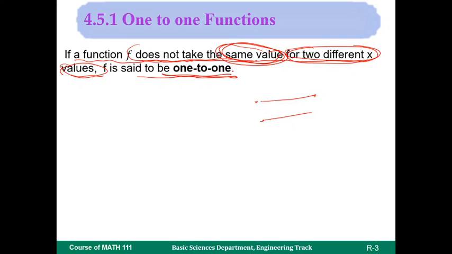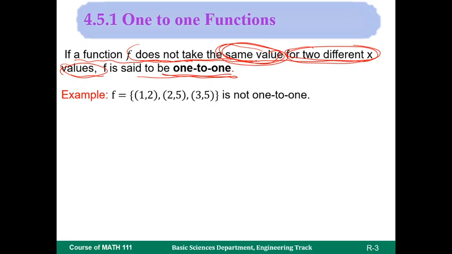We just have a one-to-one matching between the domain and the range here. So we don't have this type of thing. It doesn't go to the same y.